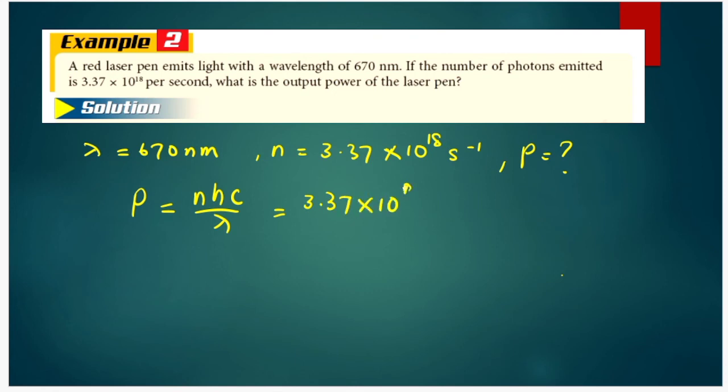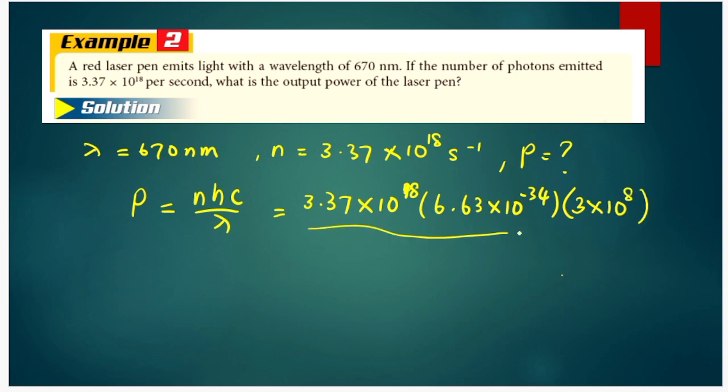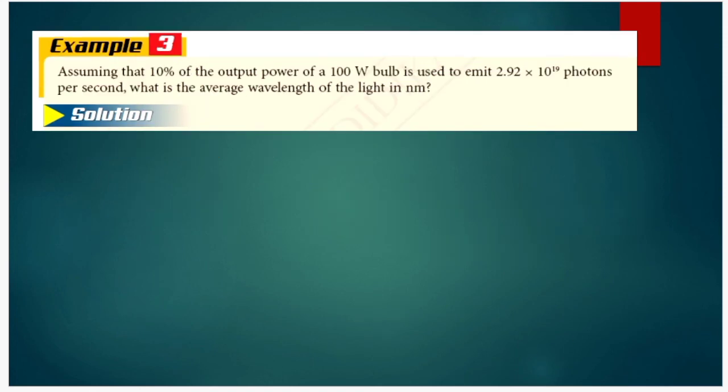Substitute the values of n, h, c and lambda. Don't forget to change the wavelength 670 nanometer to meter. So we get 1.00 watt.